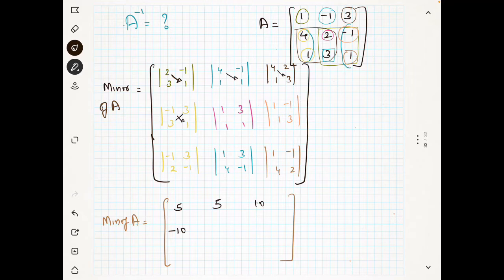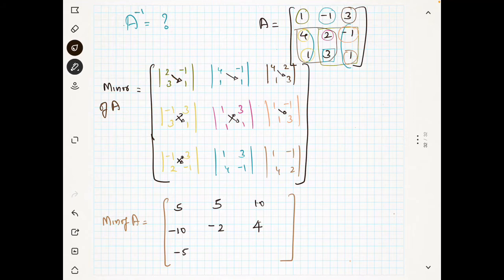Now 1 into 1 minus 3 is -2, okay, -2. Now 1 into 3 is 3, 3 minus -1 is 4. Now you see here, this is -1 into -1 is 1, 1 minus 3 into 2 is 6, 1 minus 6 is -5.